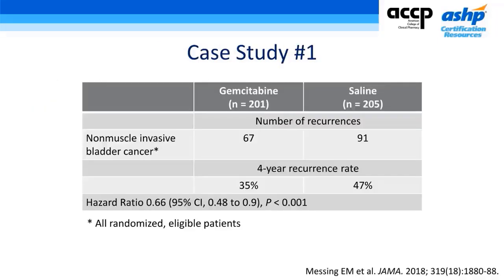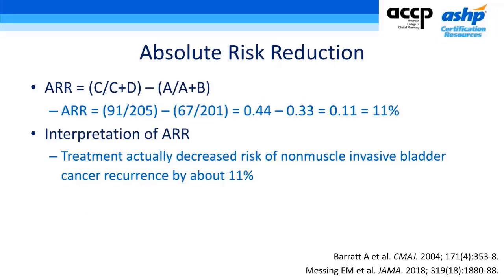Just for reference, I've included the data from the study again on this slide. So from the previous slide, to calculate the absolute risk reduction, we have the control event rate, 91 over 205, minus the experimental event rate, 67 over 201.